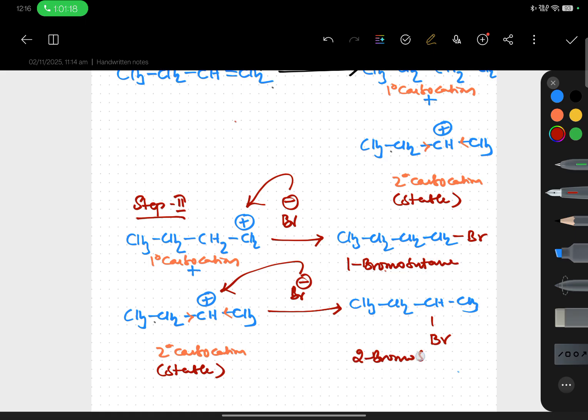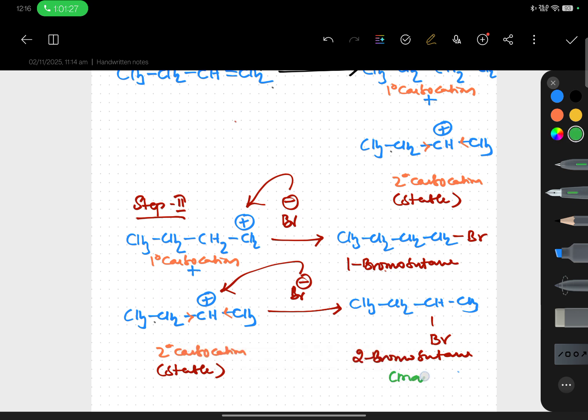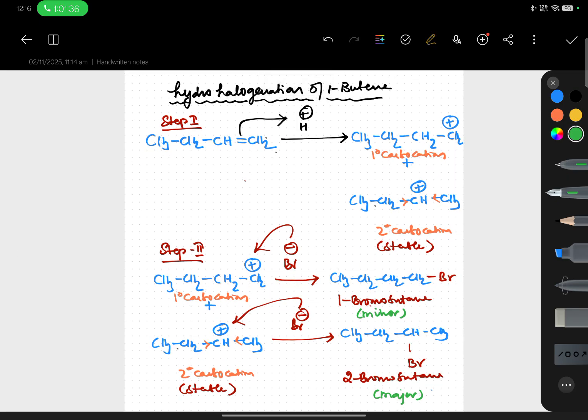This is 2-bromo butane. So which is major? This is major, this is minor. Copy. Hydrohalogenation of but-1-ene.